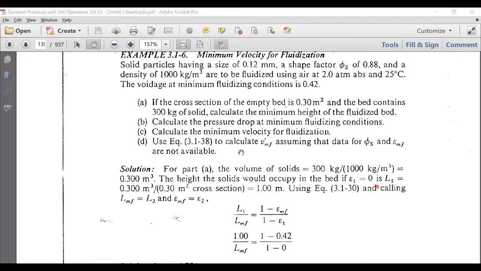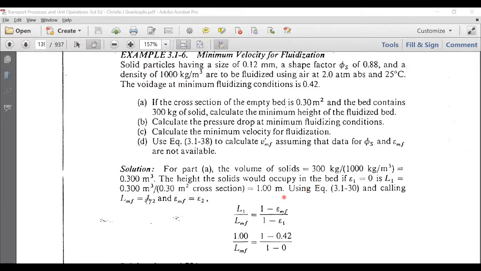So after we find the volume of the solid, which is 0.3, we can just directly divide the volume of the solid by the cross-sectional area of the bed, because we assume that there is no void. So the total volume of the solid divided by the cross-sectional area of the bed equals the length of the solid itself.